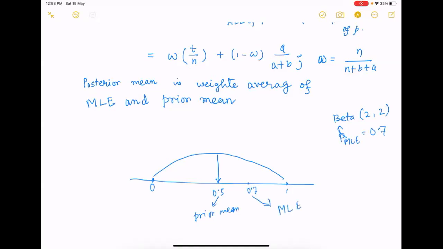So my posterior mean will be somewhere, since it is a weighted average between the MLE and the prior mean, I can expect it to be in this region, between the two.